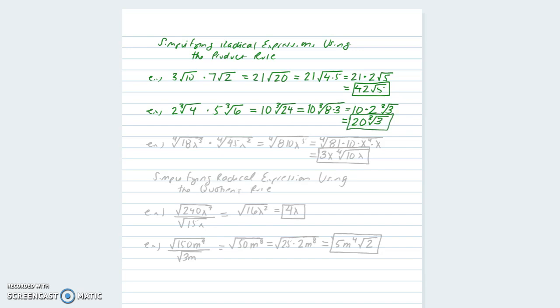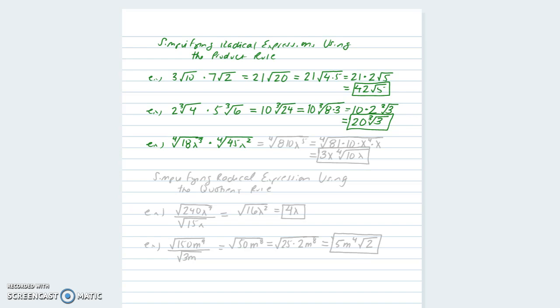Example number 3. Let's do 4th roots. So the 4th root of 18 x cubed times the 4th root of 45 x squared. This is a good one. So first things first, let's multiply these 2 together.